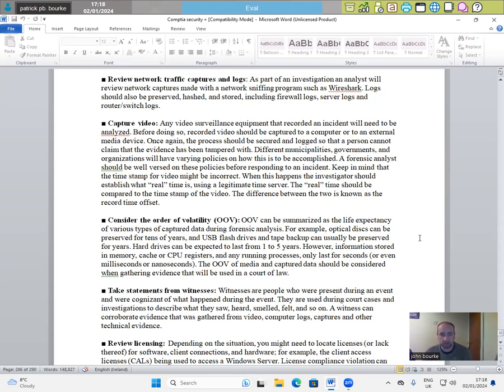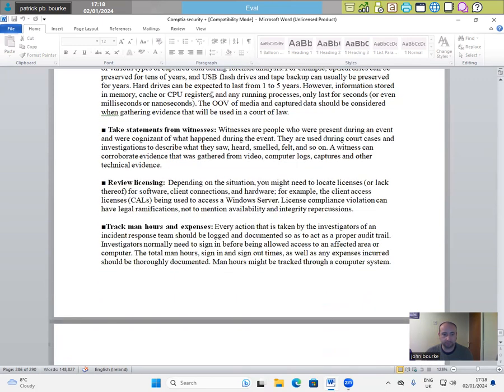Hard drives can be expected to last from 1 to 5 years. However, information stored in memory, cache, or CPU registers and any running process only lasts for seconds or even milliseconds and nanoseconds.